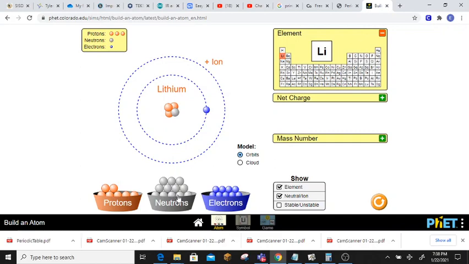If I add protons here, or neutrons, I want you to notice what happens. So here lithium has 3 neutrons, but I want you to notice what happens when I add this 4th one, 5th one. Actually, you know what? Let me start all over again.